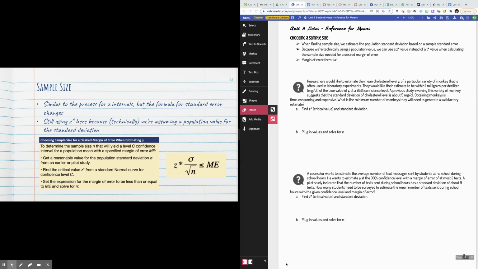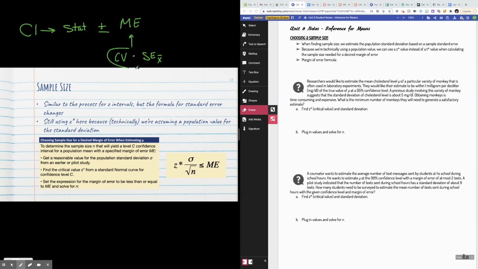Keep in mind that when you are actually writing a confidence interval, a confidence interval is your statistic plus or minus a margin of error, right? And the margin of error is your critical value times the standard error of the sampling distribution, which in this case would be for x bar, okay?